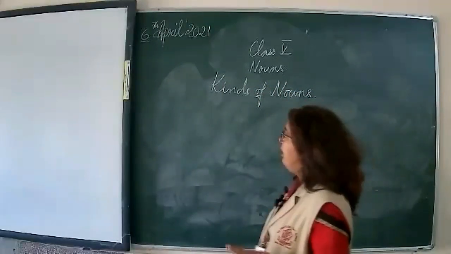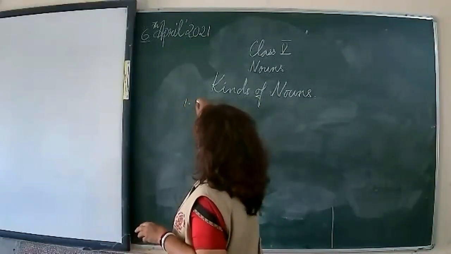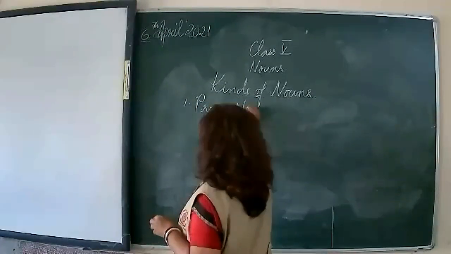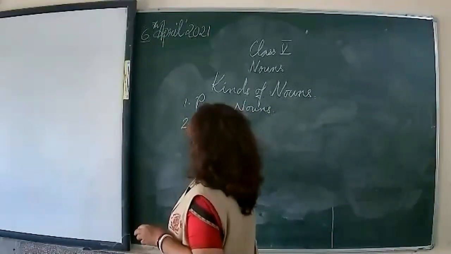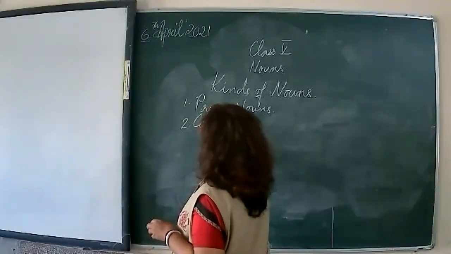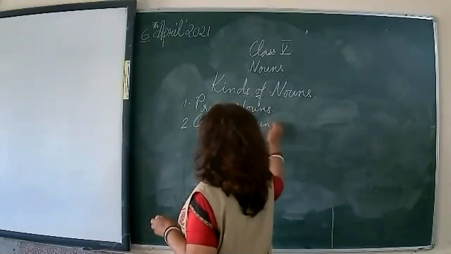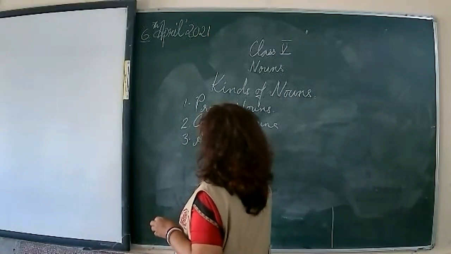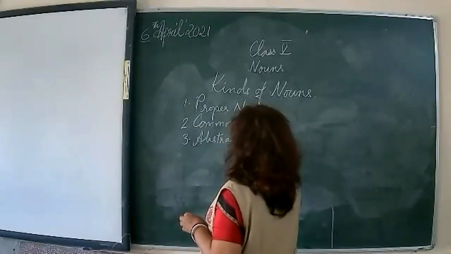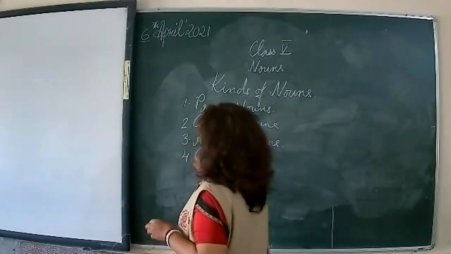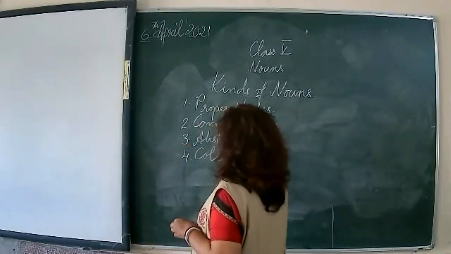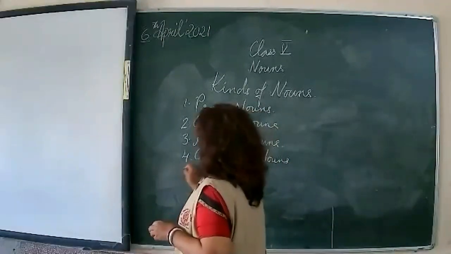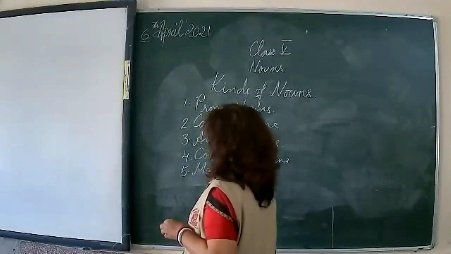All right. So broadly, we divide nouns as proper nouns, common nouns, abstract nouns, collective nouns, material nouns.